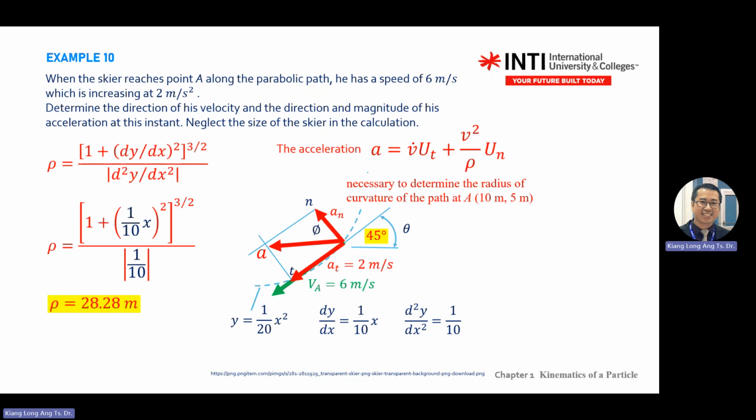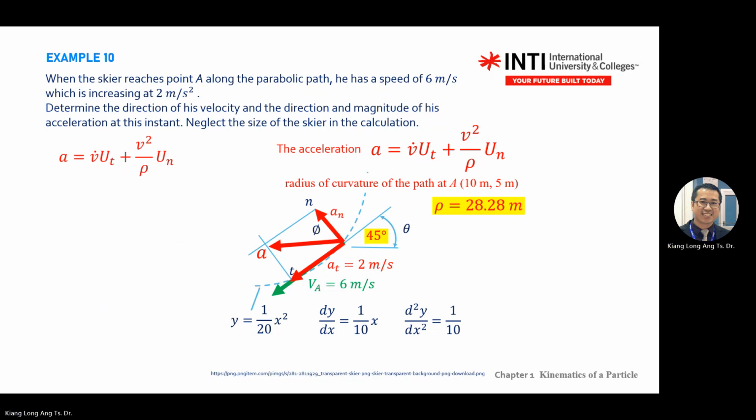Now again, how do you get this answer? By using the coordinate of 10 and 5. Your x coordinate is 10, so substitute 10 here. Then at the end you get 28.28.